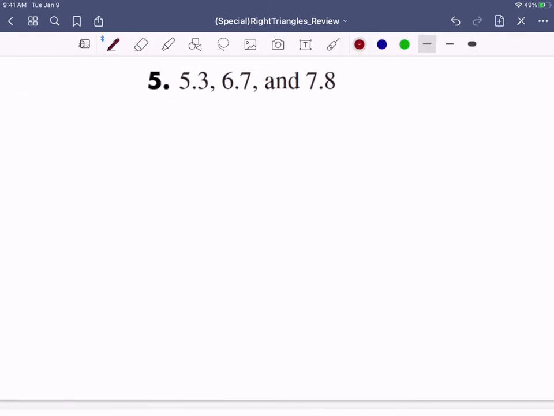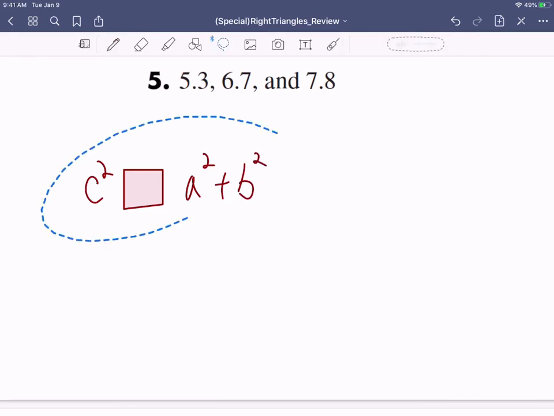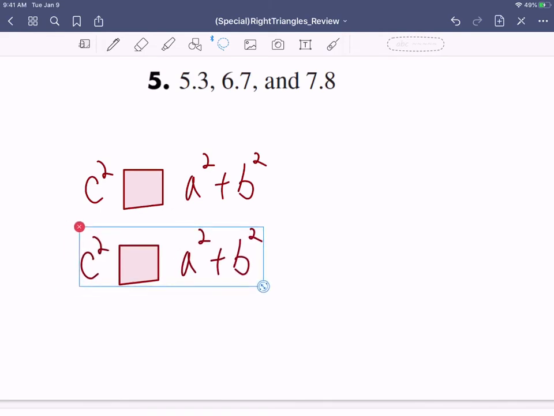would be: take the longest side, C, square it, and then I like to put a little box around it. Then I'm going to compare that to a squared plus b squared. I'm going to write that down 3 times.